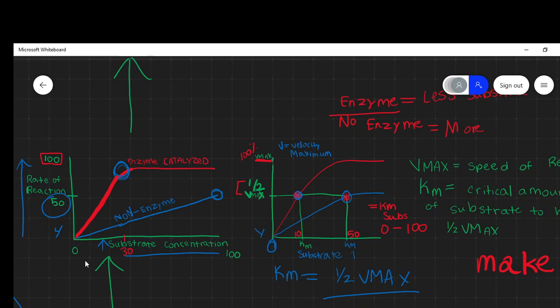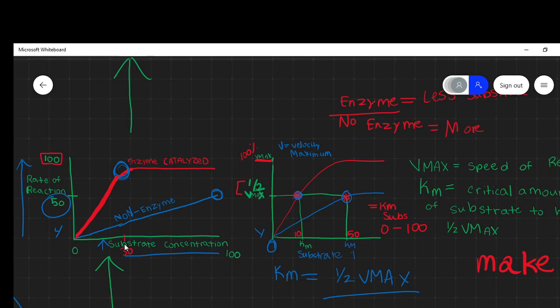With the non-enzyme, the blue line is completely straight and it stops after a point. On the x-axis is the concentration of the substrate, anywhere from 0% to 100%. At 100% substrate concentration, it's only reaching around 1/2 Vmax. It can't go above that.